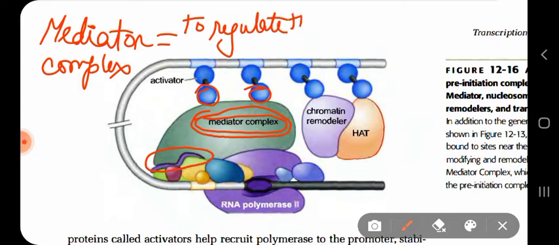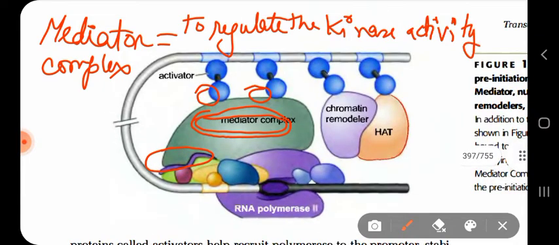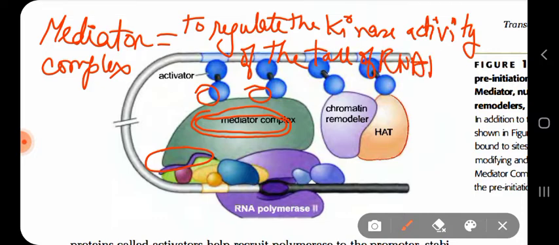It helps to regulate the kinase activity on the tail region of RNA polymerase 2, as done by TFIIH. That's all.